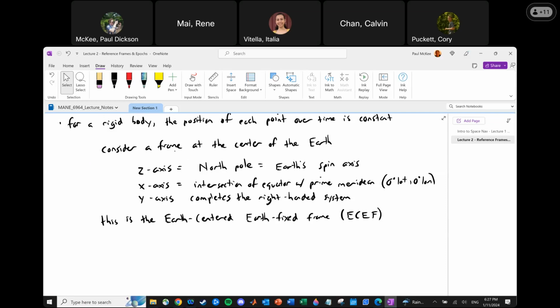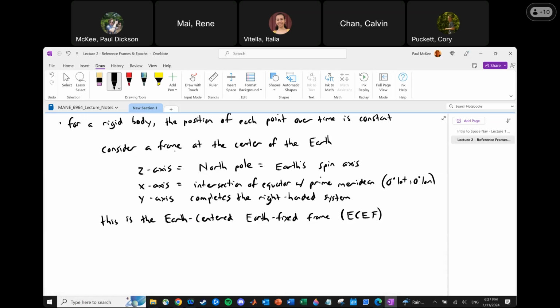So that's the frame. If you're describing something on the surface of the Earth, that's great because your position on the surface of the Earth, if you're sitting still, is constant, right? But your position on the surface of the Earth in the ECI frame is always moving because of the rotation of the Earth.